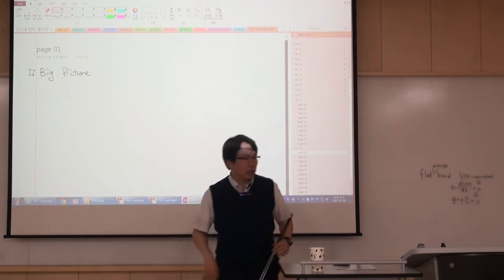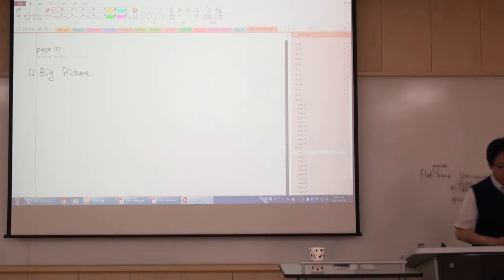But from today, our goal is quite different. So part 4 is titled Constrained Optimization Problems.